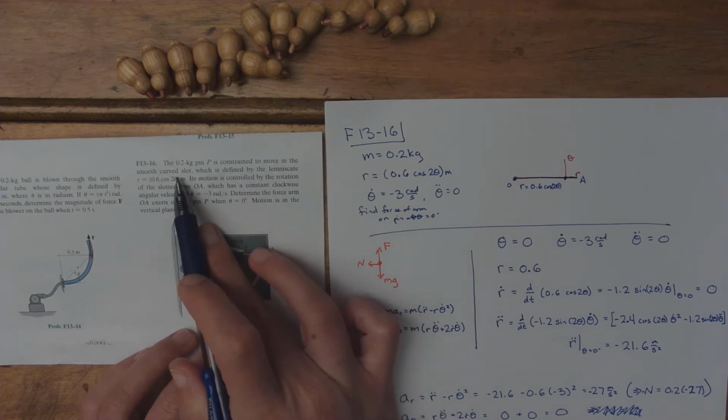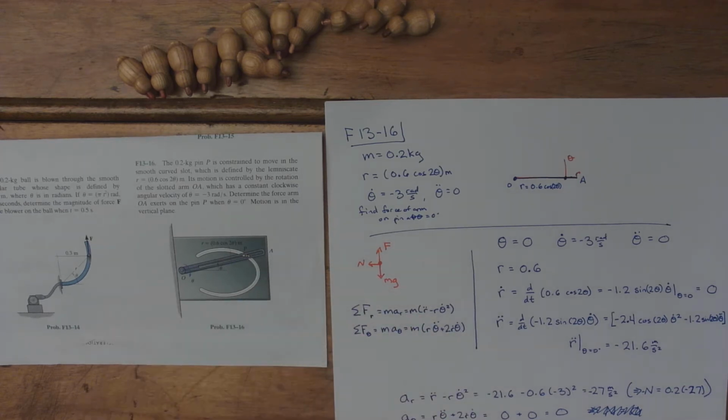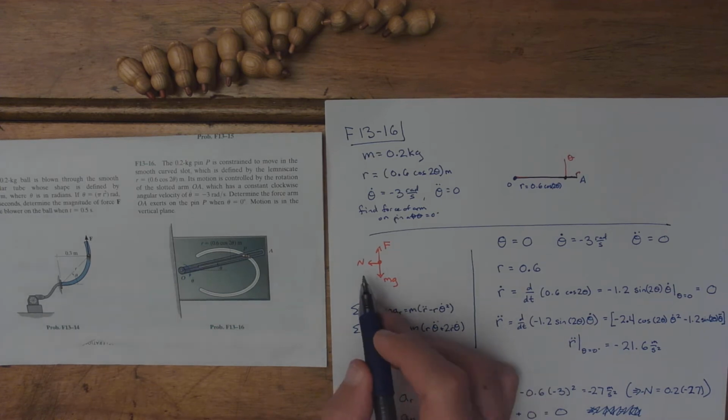It's moving in the smooth curved slot, so the surface of the smooth curved slot is exerting a force on the pin also. That force has to be perpendicular to the surface as well.